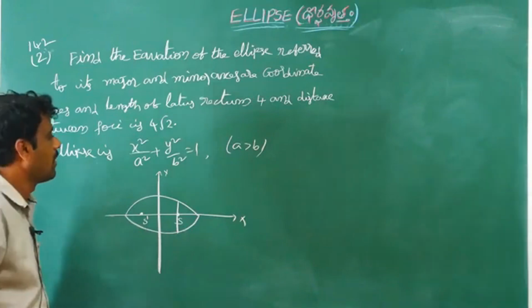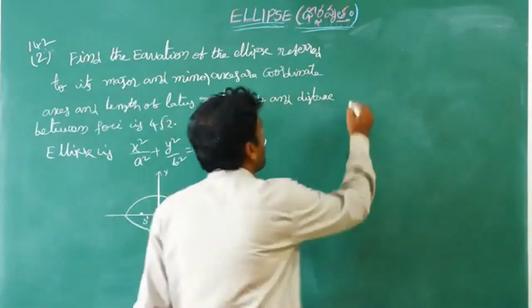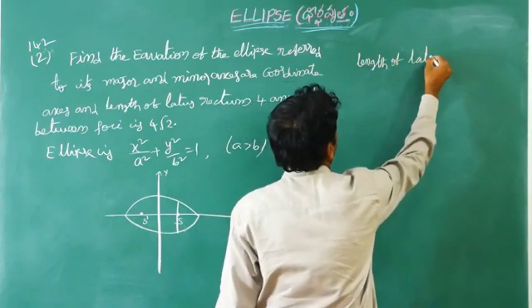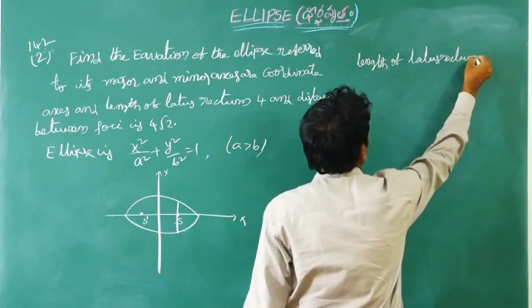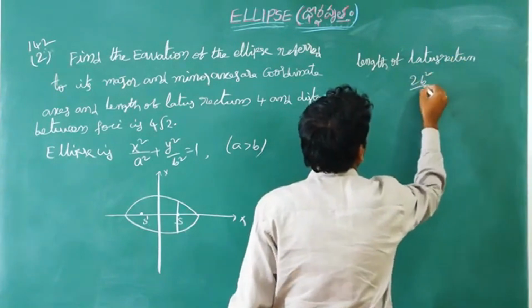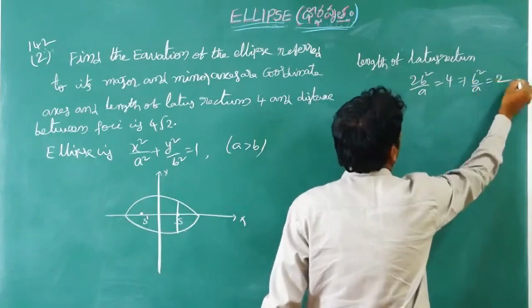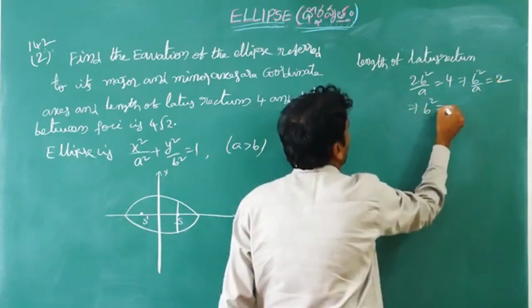Length of latus rectum formula: 2b square by a equal to 4, that implies b square by a equal to 2, that implies b square equal to 2a.